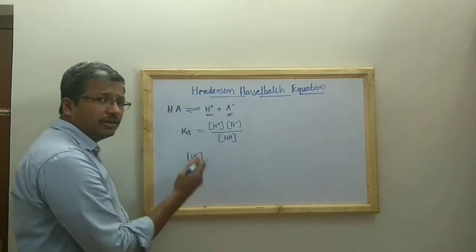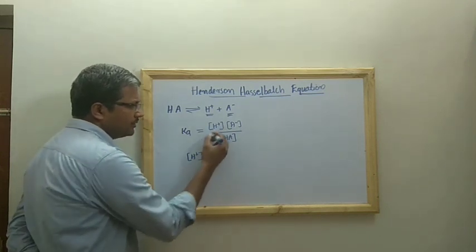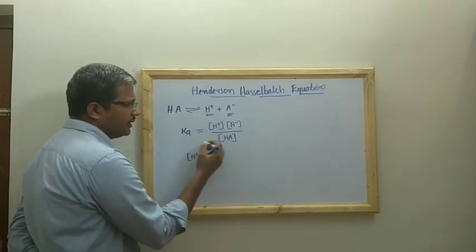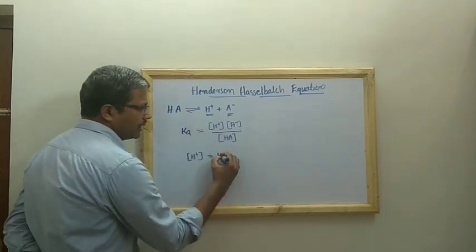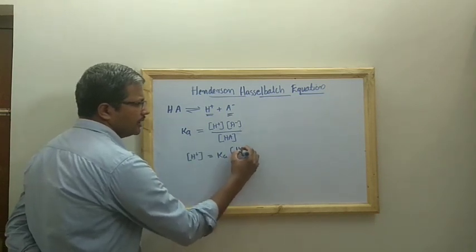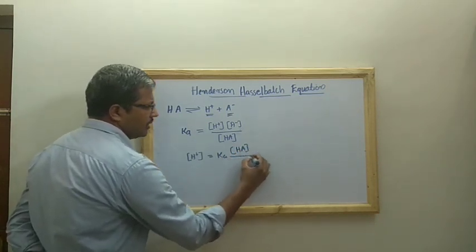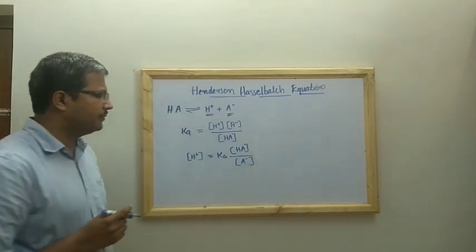So I am deriving the Henderson Hasselbalch equation. Just follow me. H plus is coming here, so we can see that H plus equals Ka into HA divided by A minus.